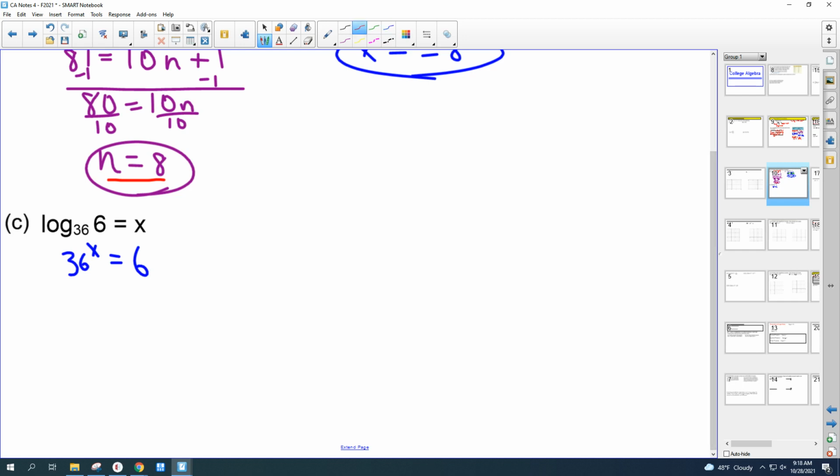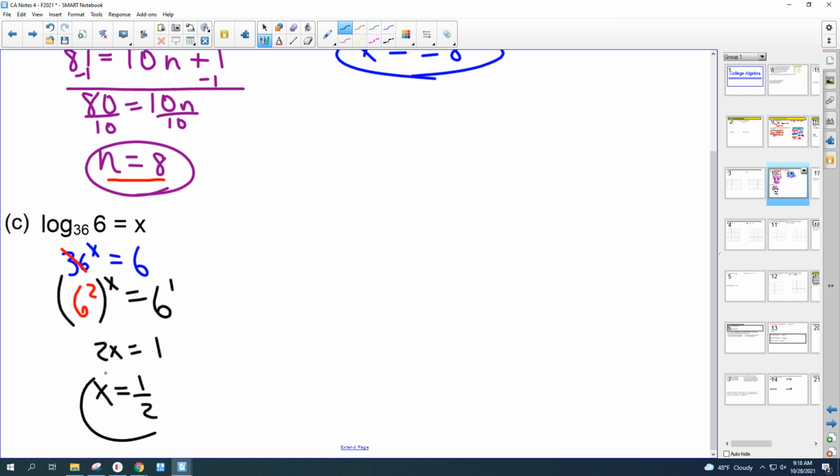What you want to do, or one way to do this, is to change that 36 into a base 6. I know 36 is 6 squared, so we'd have that to the x equals 6, and I'm going to say 6 to the 1st power. Once you get that matching base, it's easy to compare because all you have to do is compare the exponents. 2x is going to equal 1, divide by 2, so x is going to equal 1/2.